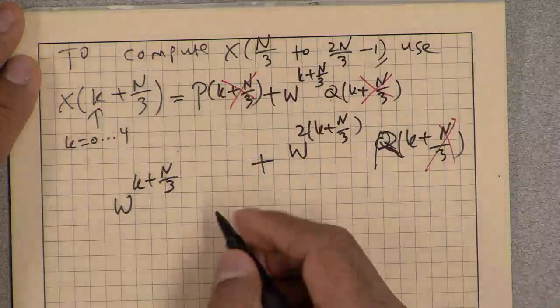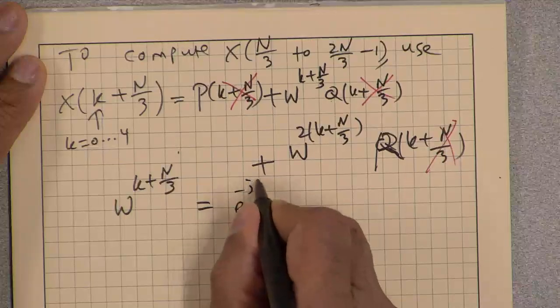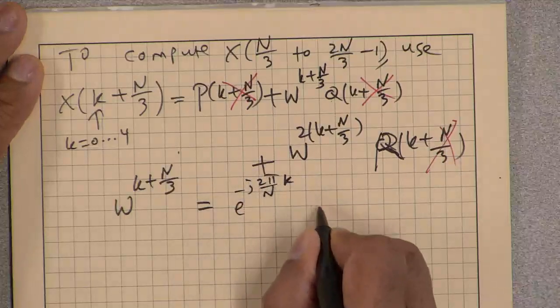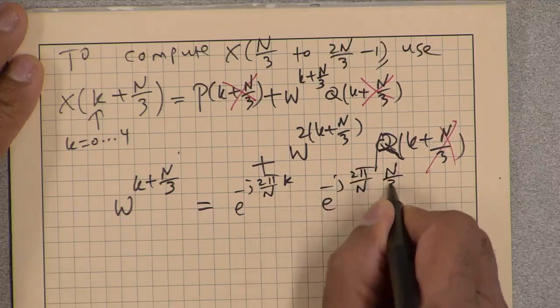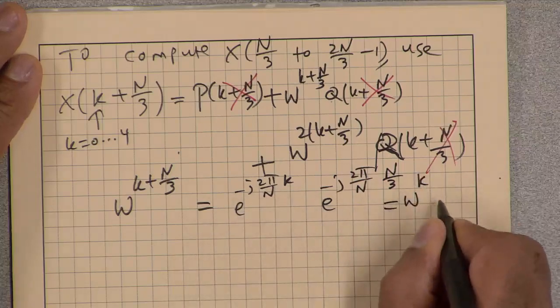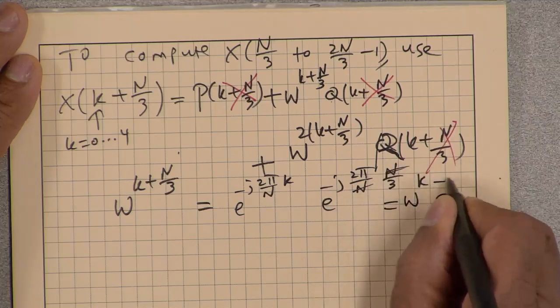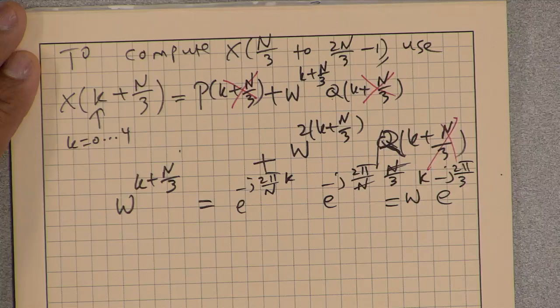Okay, so W to the power k plus N by 3 is e to the power minus j 2 pi by N k times e to the power minus j 2 pi by N times N by 3. So that is the same thing as W to the power k times, all I want to show you is that this quantity is e to the power minus j 2 pi by 3.